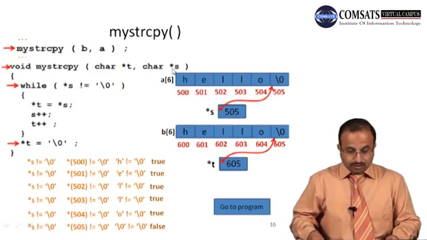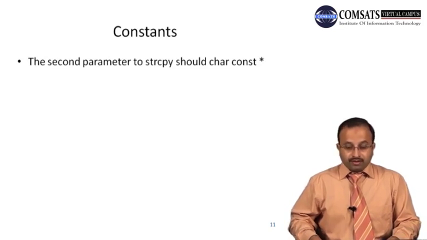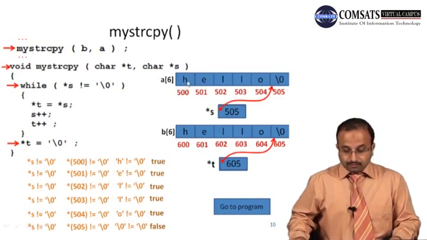Okay, now let's see what a constant is. The second parameter to the string copy function should be character constant, that is, you are not able to change the value of that string. Which string? Let's go to the previous slide. This string. If it is not constant, like here in this case, then through this function you are able to change the value of this string.